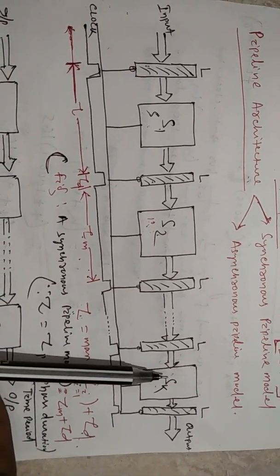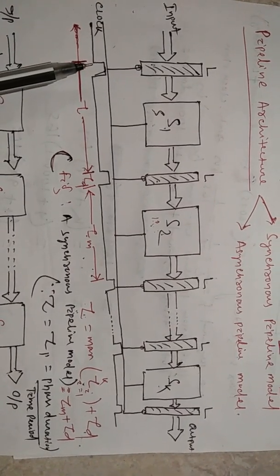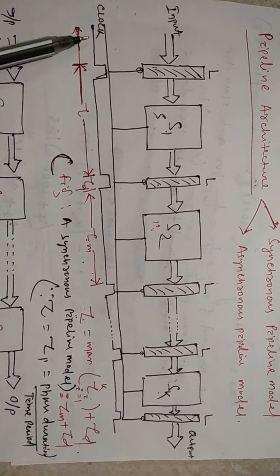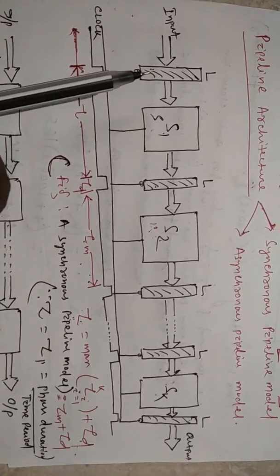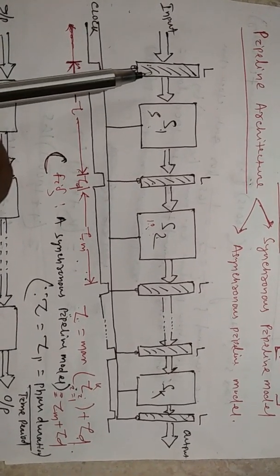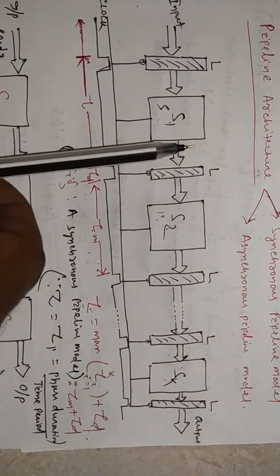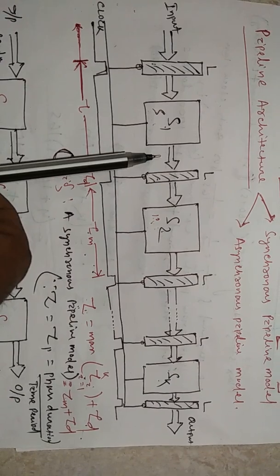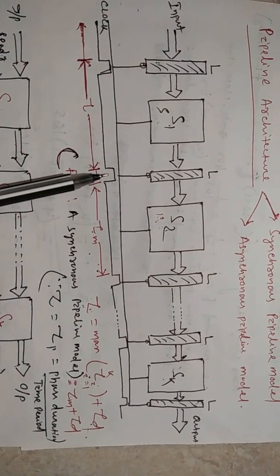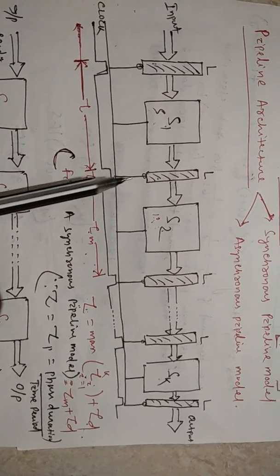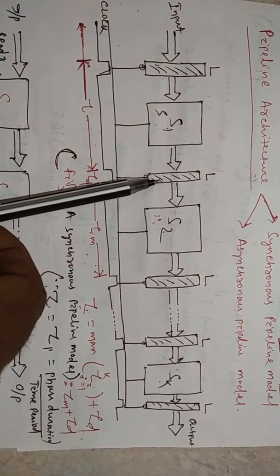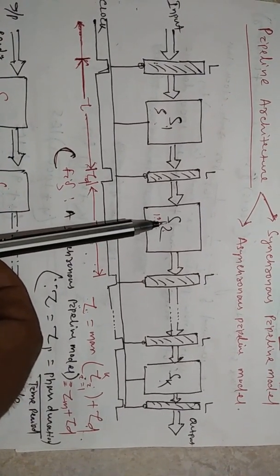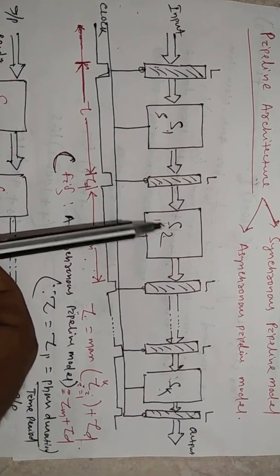pipeline. When the instruction is loaded into this pipeline, after that the clock signal is applied. When the clock signal goes high, at that time the corresponding latch is ready to give its output as input to the next phase or stage. Again, when the clock pulse is high, the latch is ready to give its output, or you can say input, to S2 to continue the process.